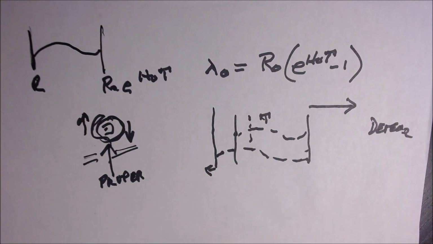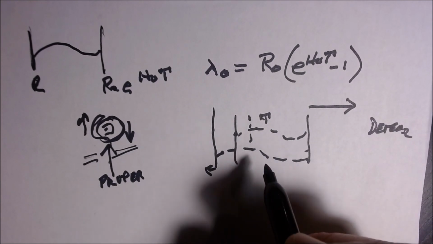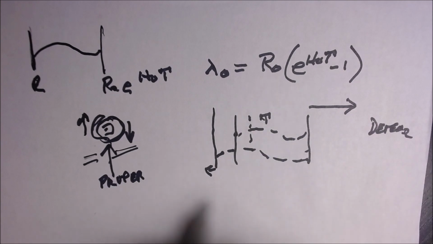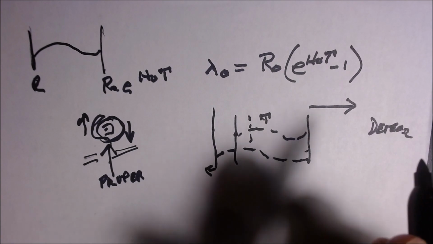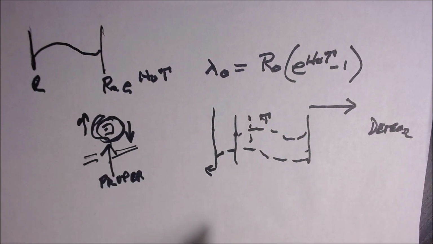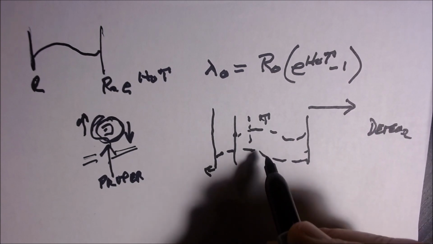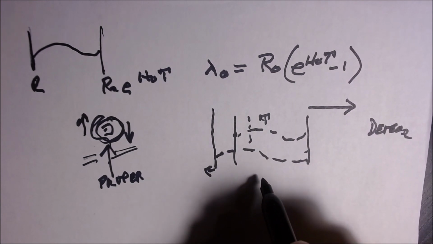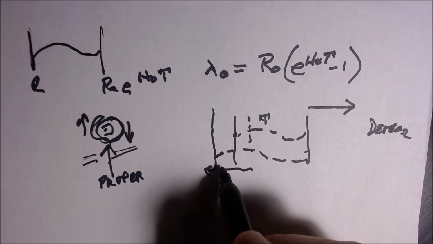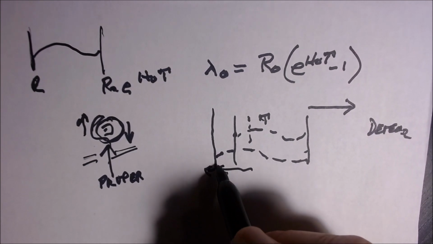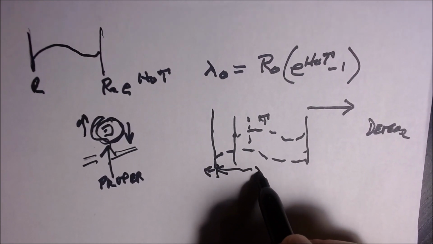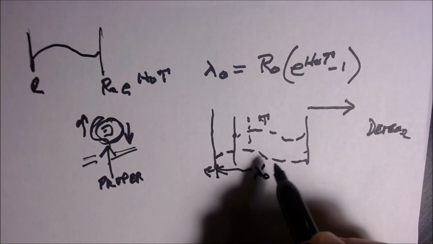Now, what does that mean as far as the detector? What is the general equation for that? Well, the general equation for that is going to be lambda. Okay, let me put some other things here. We would call this the original wavelength from here to here, lambda 0 prime.